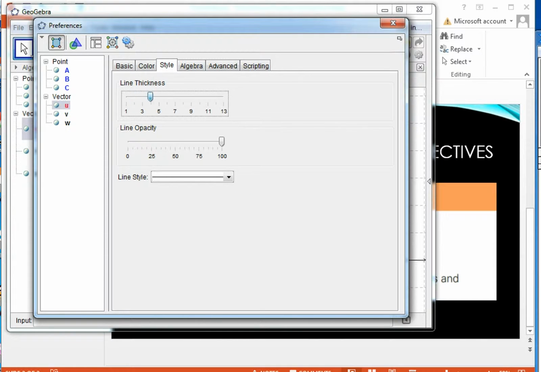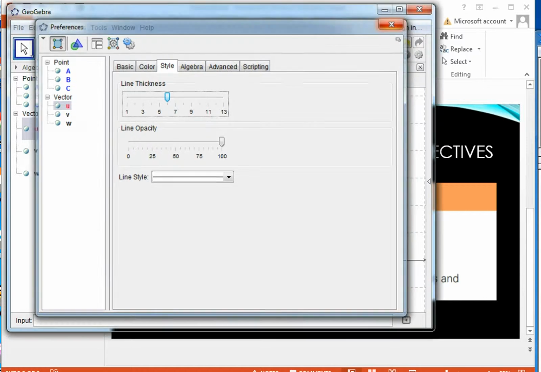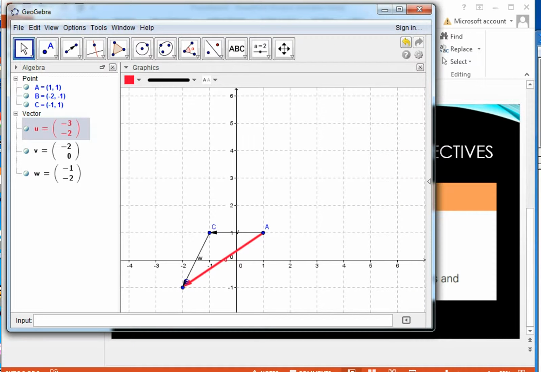You can actually use GeoGebra to revise for your examination, to be able to visualize the questions clearly. The red one now is the vector (-3, -2). What it means is 3 units going to the left. So this AC will be 3 going to the left, and then 2 units going down.